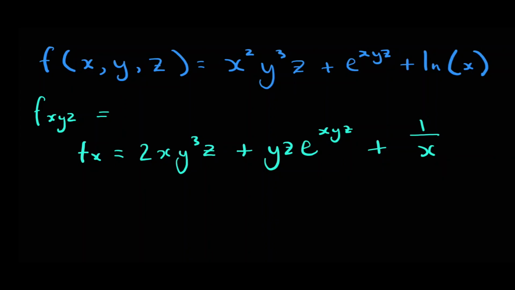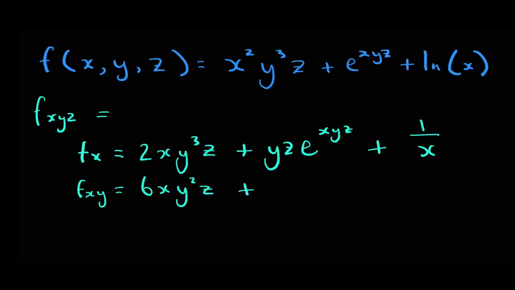Okay, so now that we have that, we need to differentiate again, but this time with respect to y. So f subscript xy, we're going to multiply by the power of 3 on the y. So the 2 is going to become a 6, and the y cubed is going to become a y squared. Next, yz times e to the power of xyz is going to need the product rule, because yz can be treated as a function, and e to the power of xyz can be treated as a function as well.